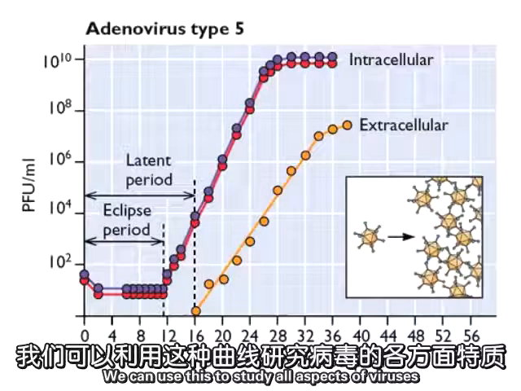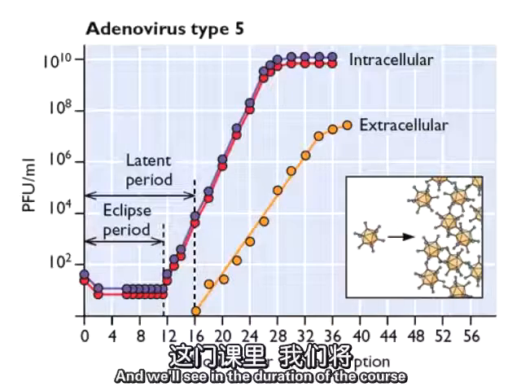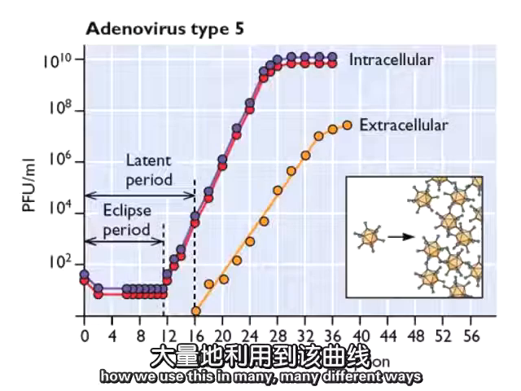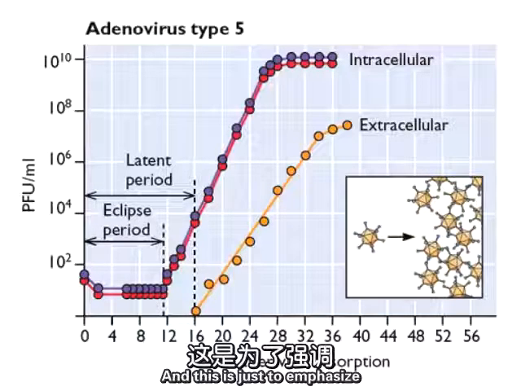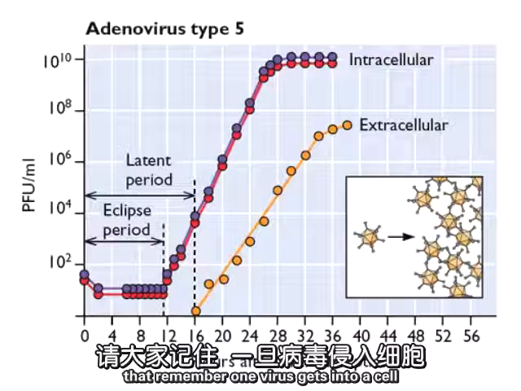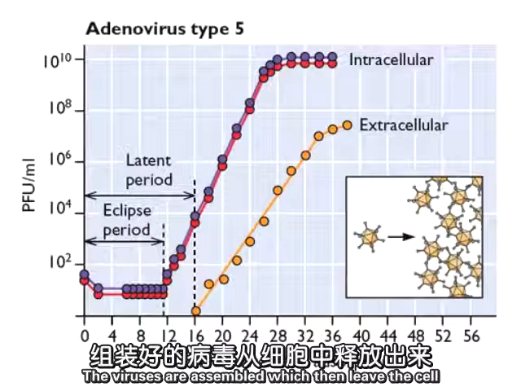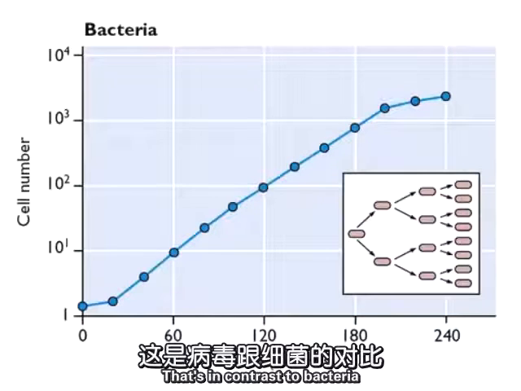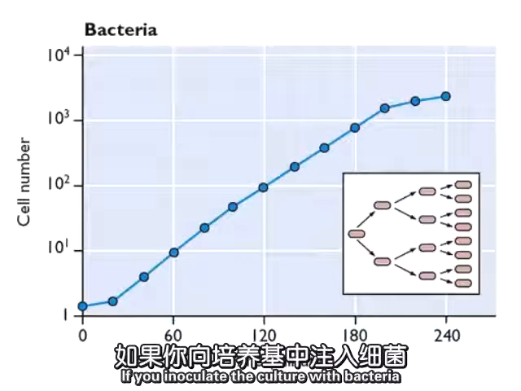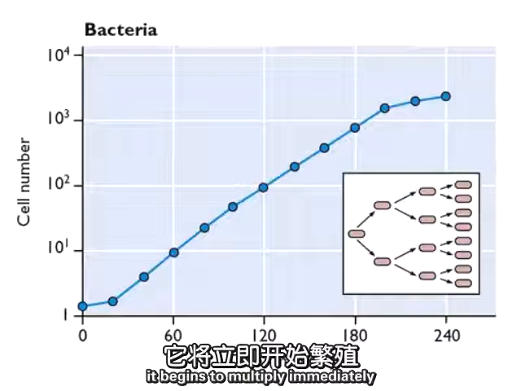We can use this to study all aspects of viruses, and we'll see in the duration of this course how we use this in many, many different ways. And this is just to emphasize that, remember, one virus gets into a cell, makes the building blocks, and many, many new viruses are assembled, which then leave the cell. And that's in contrast to bacteria. If you inoculate a culture with bacteria, it begins to multiply immediately.